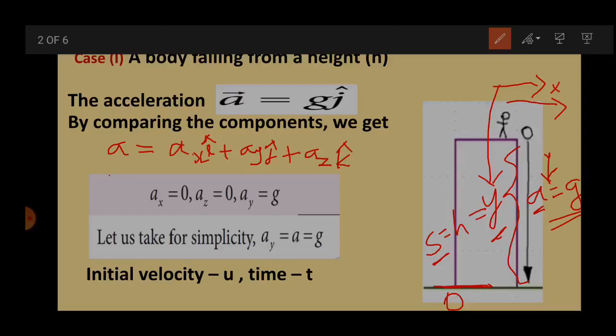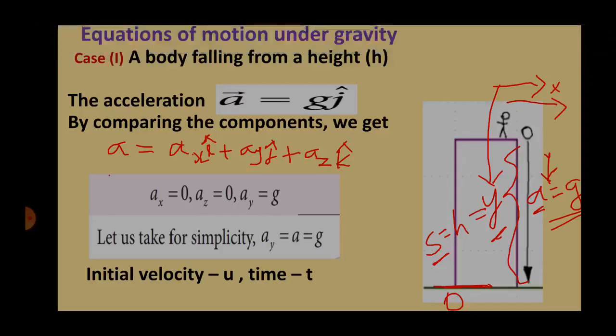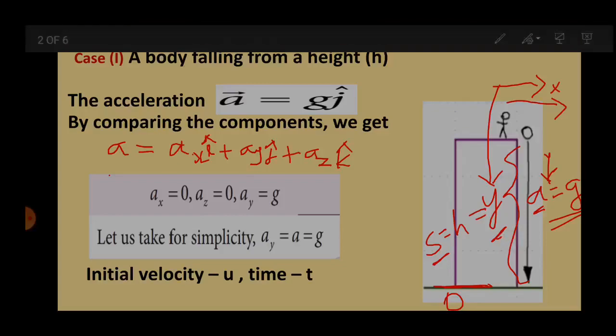Write it: the vector a is equal to ax i cap plus ay j cap plus az k cap. Here the acceleration is only along the y direction, so all other components are 0. Which components will be 0? The x component and z component. The object moves only along the y axis.